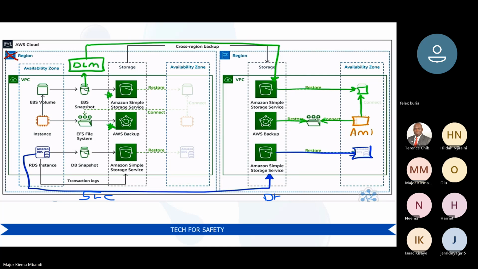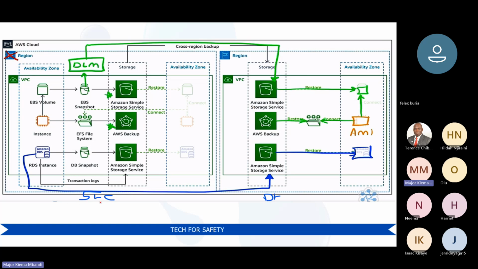You can use a data lifecycle management policy to copy your snapshot to another region here. So instead of being copied to a storage solution in the same region, we are now using those lifecycle management rules and policy to copy it to an S3 store in a different region.